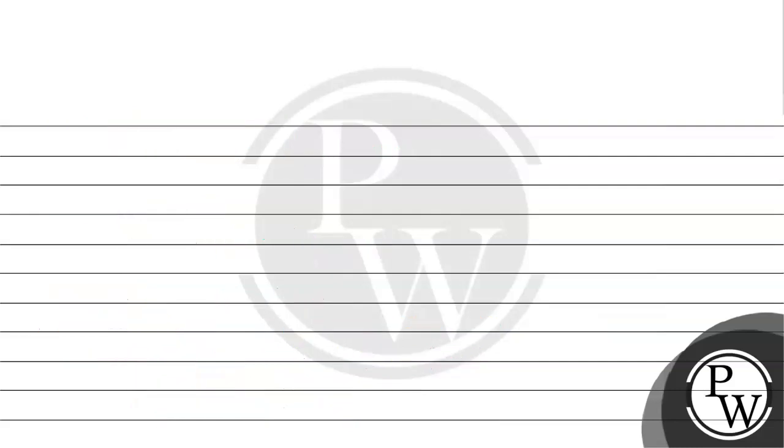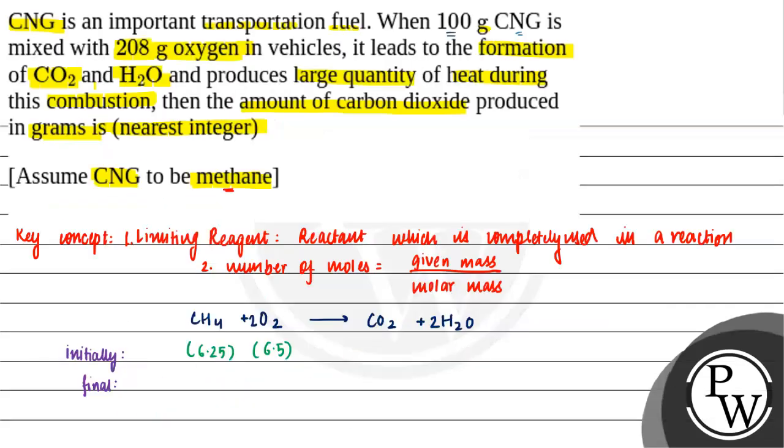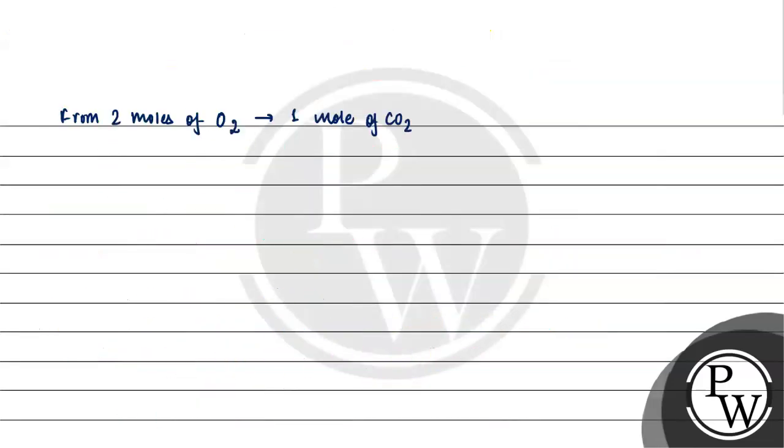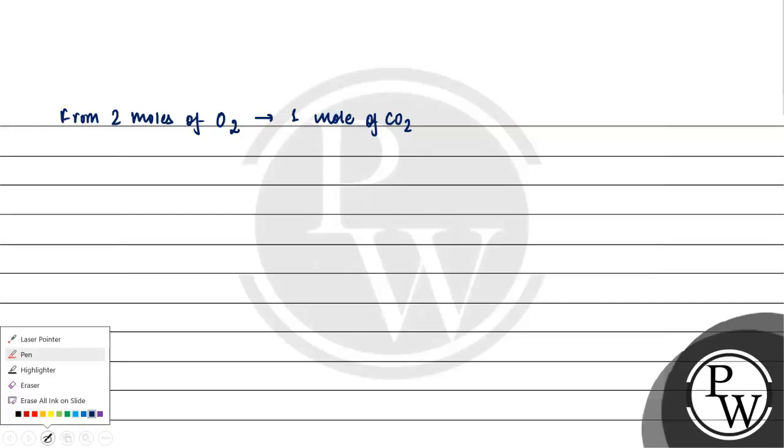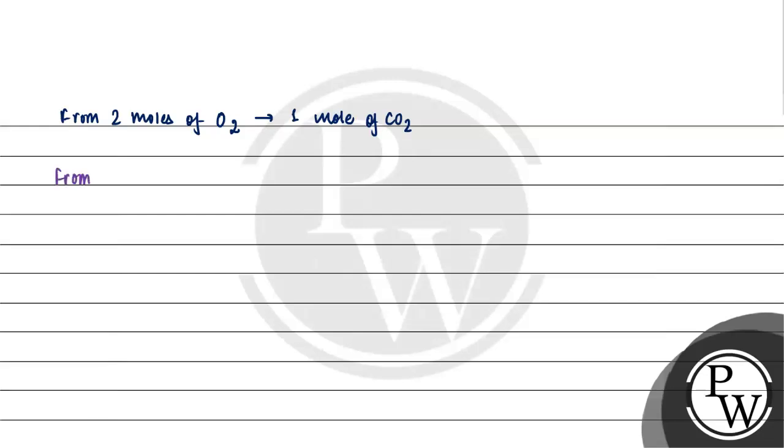From 2 moles of O2, 1 mole of CO2 is formed. So from 6.5 moles of O2, 6.5 divided by 2 moles of CO2 will be produced.